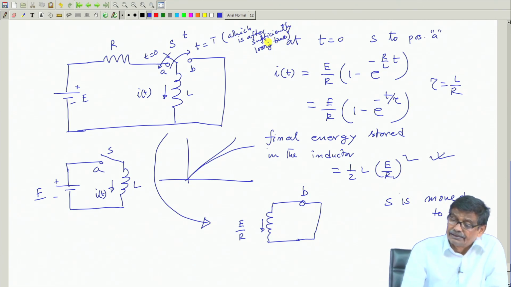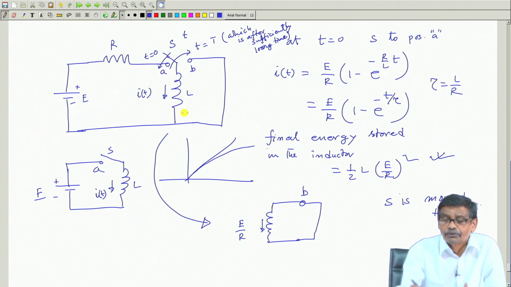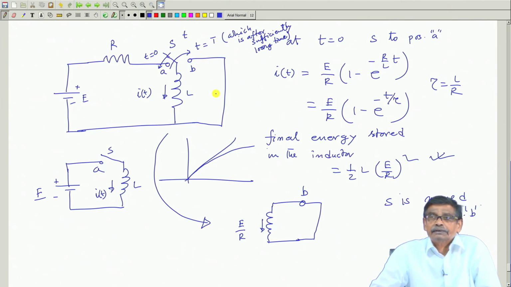Then the current through the inductor will be once again E by R and circulating here without defying any of the common rules.